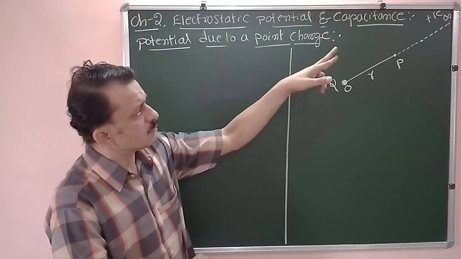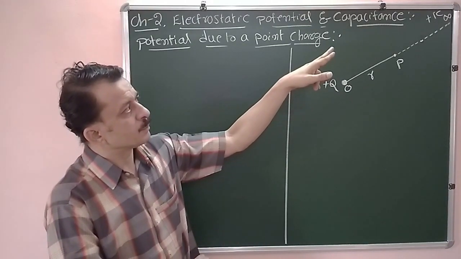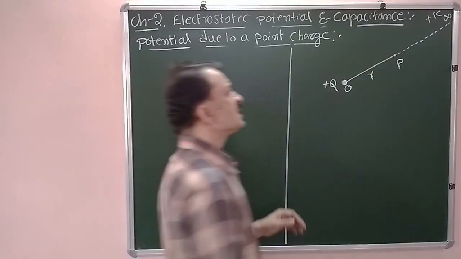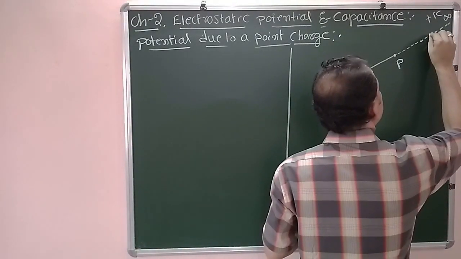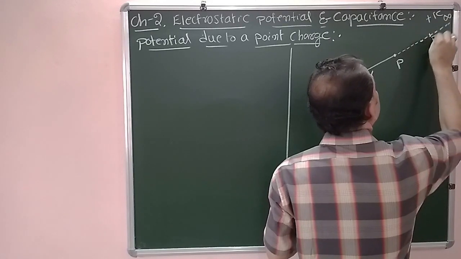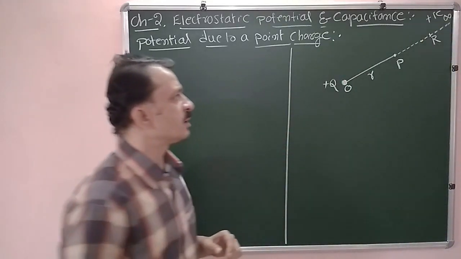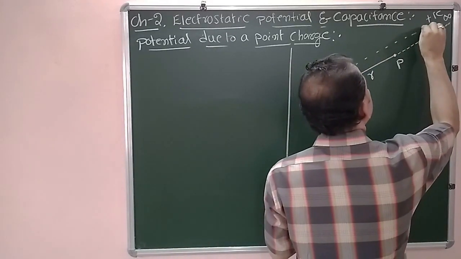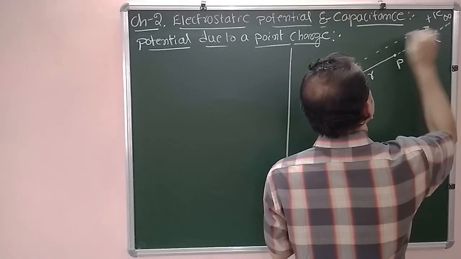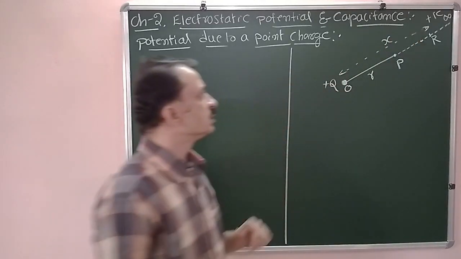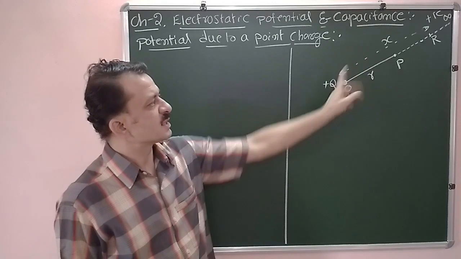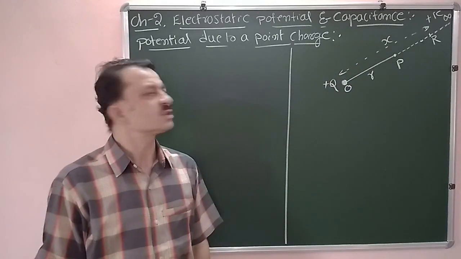So in order to work out the work done in bringing it from infinity to point P, we will consider some arbitrary point R, which is at a distance x from the capital Q charge.